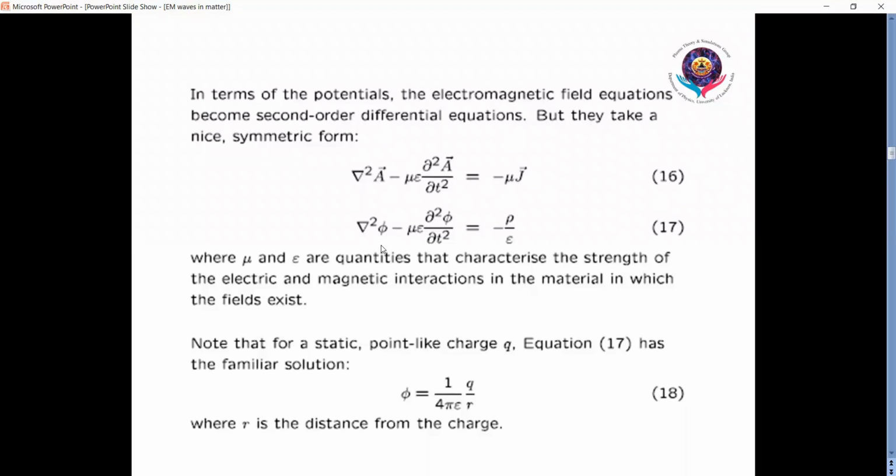The propagation of electromagnetic waves in any kind of matter, whatever matter it may be, will be governed by these two equations. And these two equations can again be coupled to form a single equation that we call the wave equation. We have two equations, and we can couple them to a single equation to form a wave equation.